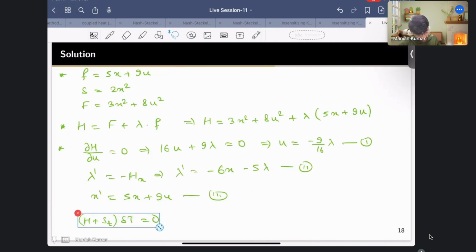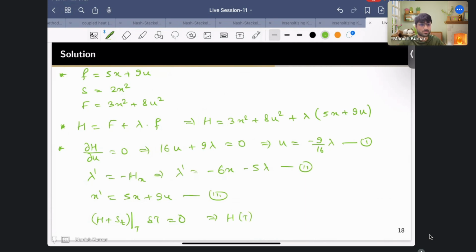So the fourth equation gives me this, evaluated at capital time T. So this gives you h at capital time T. Now what is st? Over here s is just a function of x, so its derivative is 0. So h of capital T.